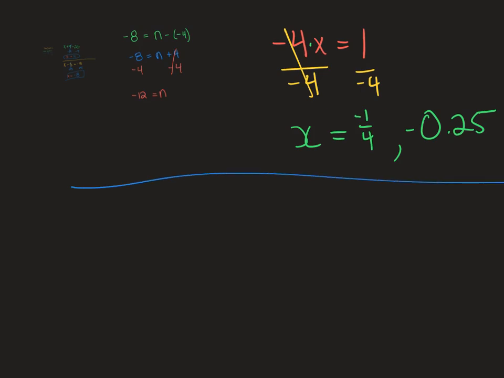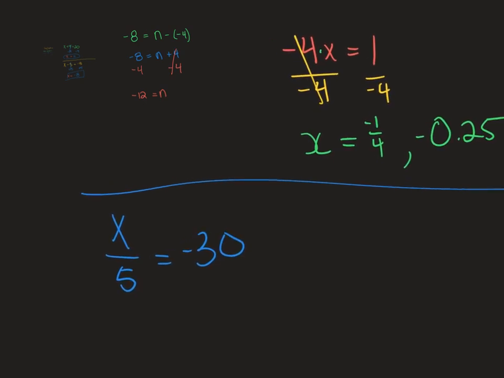Right below here, we're going to try to do a problem where we start with division. We have x over 5 is equal to negative 30. And the inverse of division is going to be multiplication. So like we did up here, we had multiplication and we had to use division to isolate the variable.